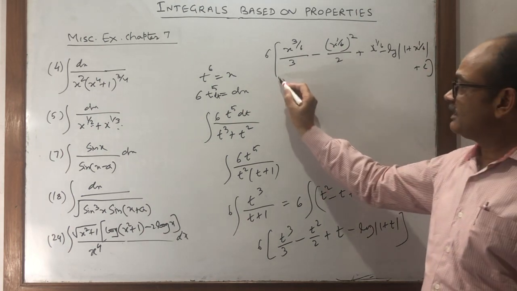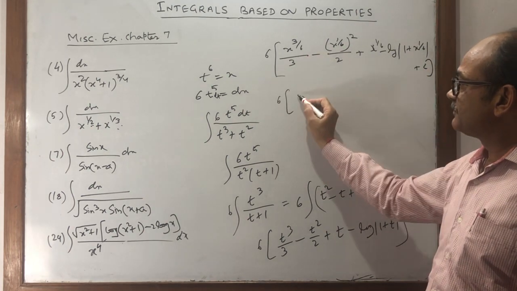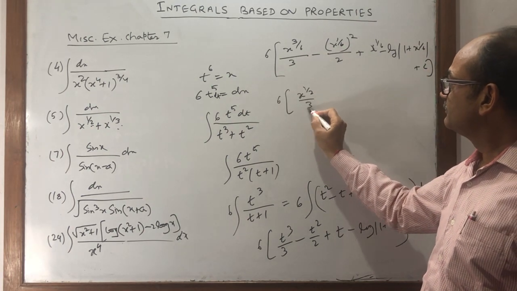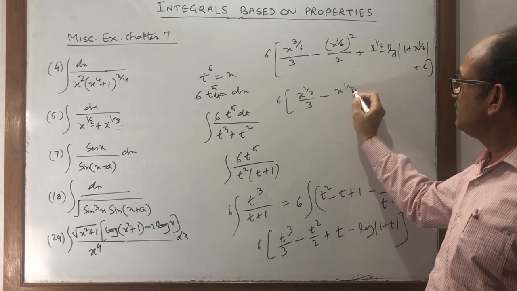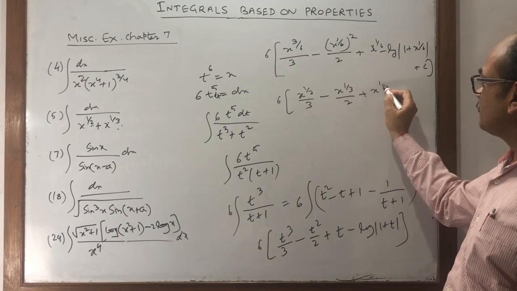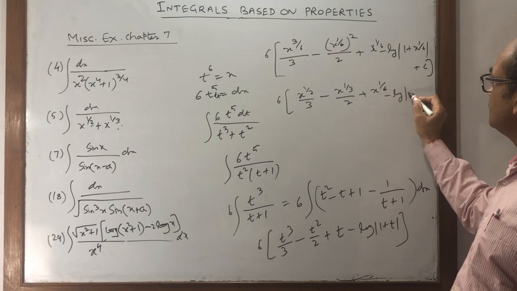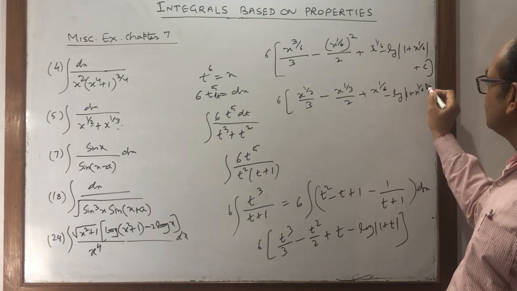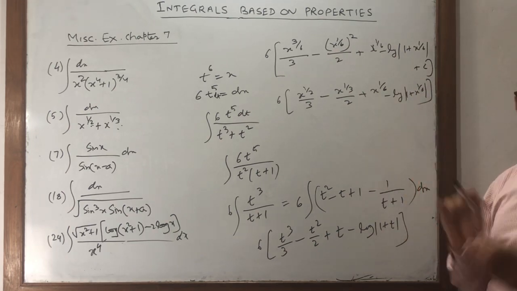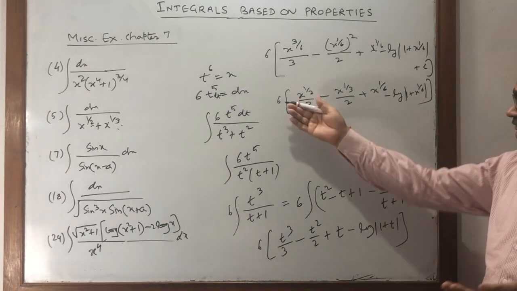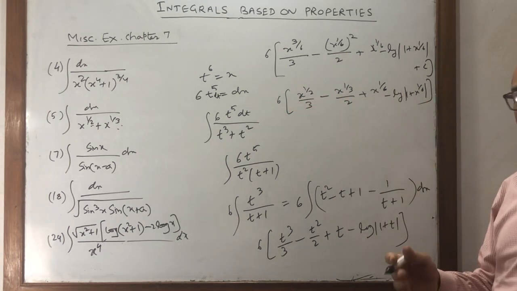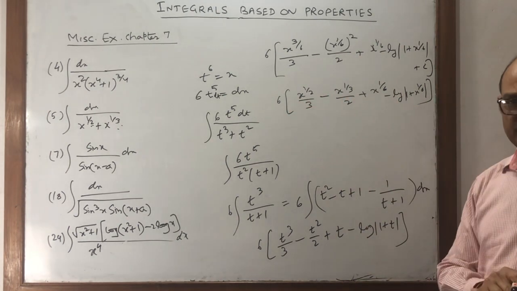Now the final answer will be 6 x to power half, x to power 1/3, x to power 1/6 minus log 1 plus x to power 1/6. This will be the final answer. You can simplify one more step, but no problem, we'll stop here only.